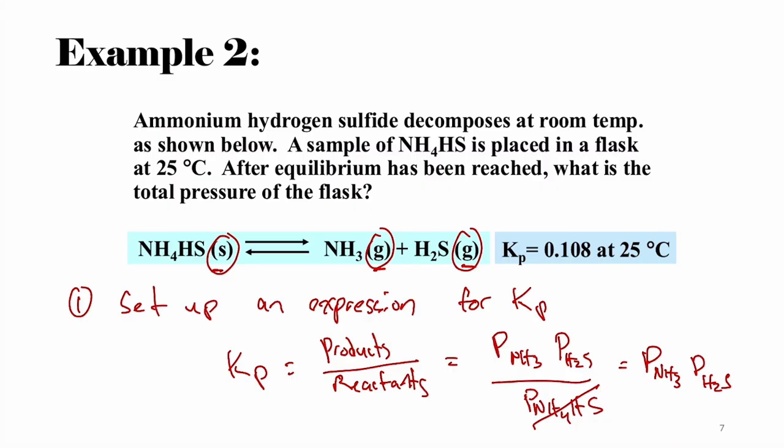And so if we're starting off with just 0 of our products in this case, so all we're doing is allowing this solid to decompose, what can you say about this? How can you simplify this further?